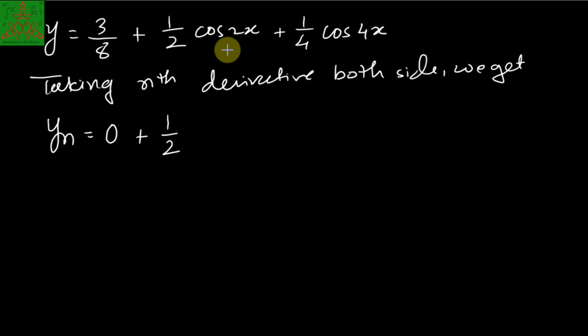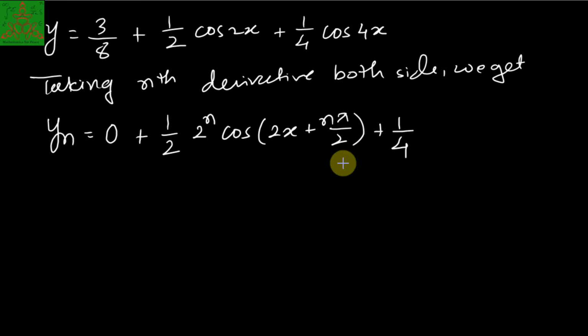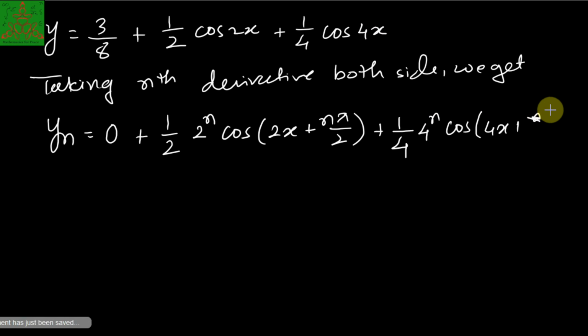Now we know that the derivative of cos ax plus b, a is 2 here, so it is 2 power n cos 2x plus n pi by 2, plus 1 by 4 is a constant. A derivative of cos 4x is 4 power n because a is 4 here. Cos 4x plus n pi by 2.